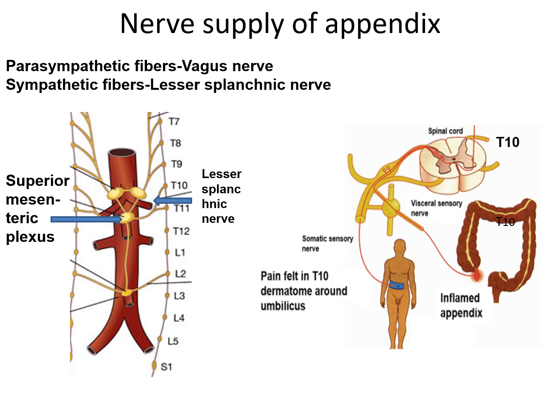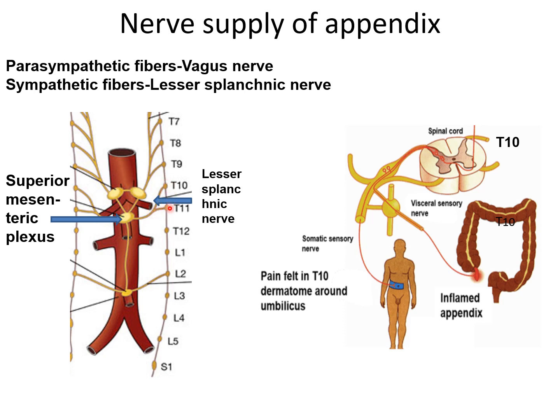Nerve supply of appendix. The appendix is deriving its nerve supply from superior mesenteric plexus, and the vagus nerve contributes the parasympathetic component and lesser splanchnic nerve contributes the sympathetic fibers. The root value of lesser splanchnic nerve is T10 and T11.